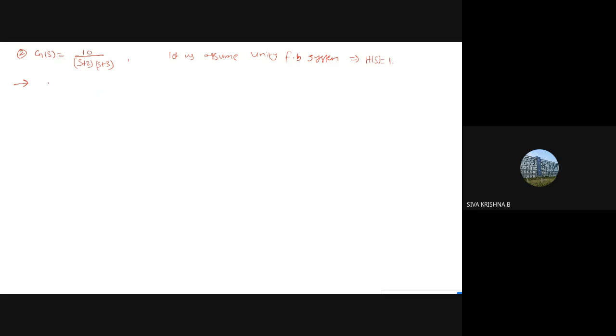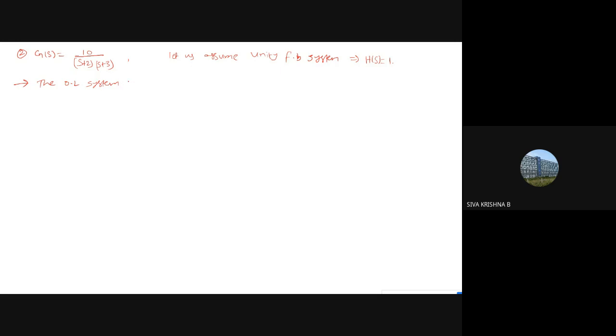Next, write down here: the open loop system has how many poles at the origin? Origin poles are the power of S in the denominator. S power is 0, that means no origin poles here.